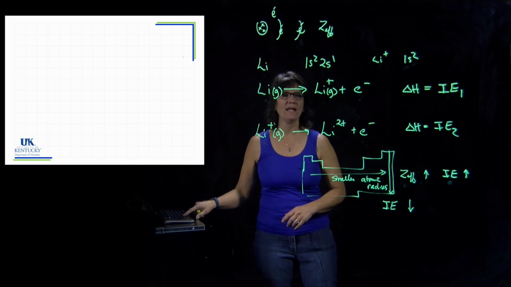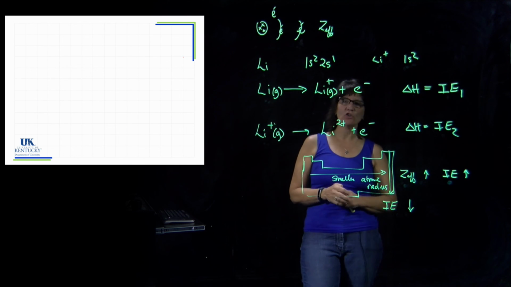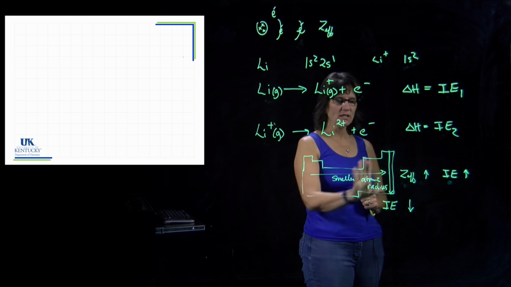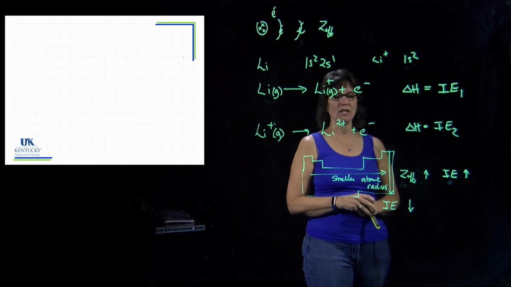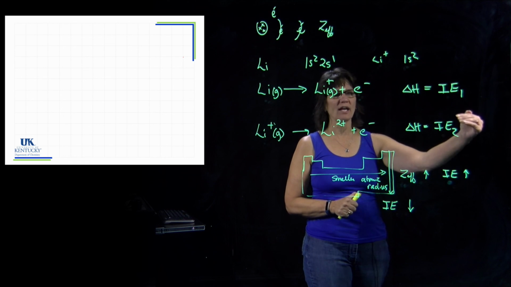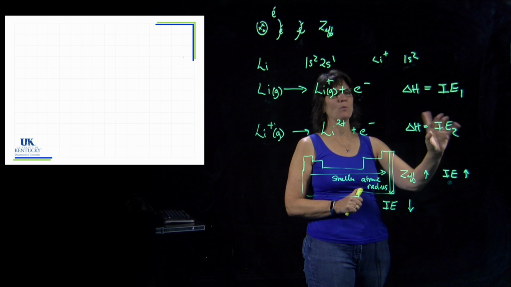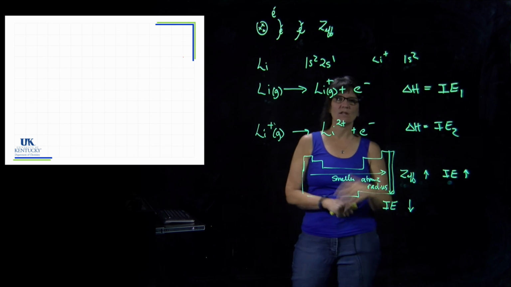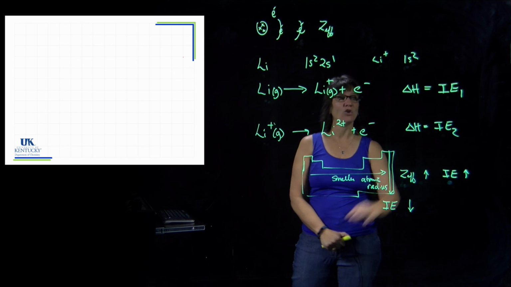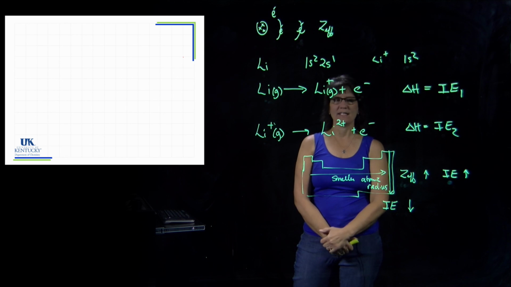All right, so that is the definition of ionization energy, that is the trend of ionization energy, and that is the why for ionization energy. We also looked at first, second, and so forth ionization energies, and we can look at the numbers and know how many valence electrons an atom has based upon the values of these progressive ionization energies.